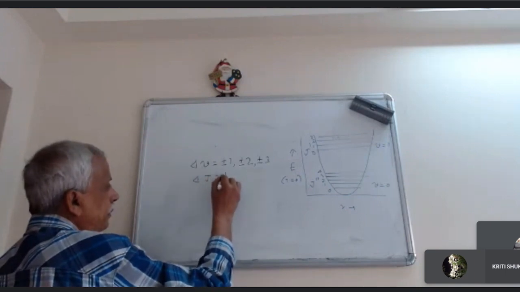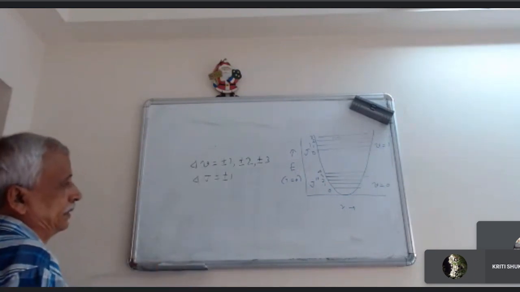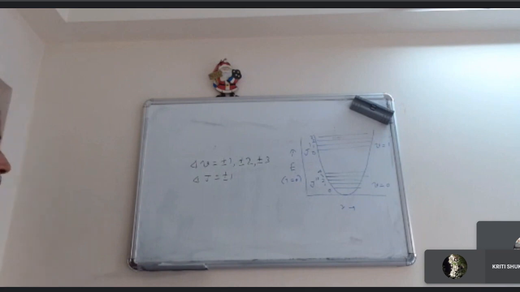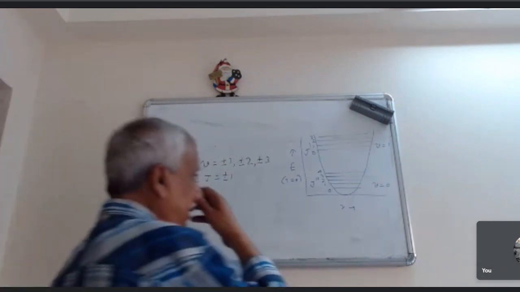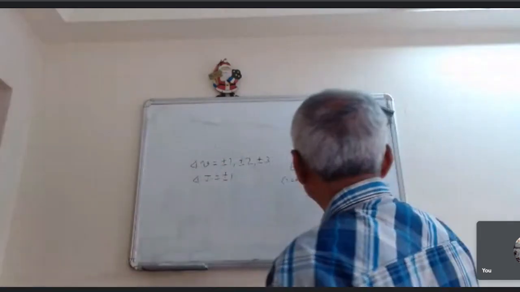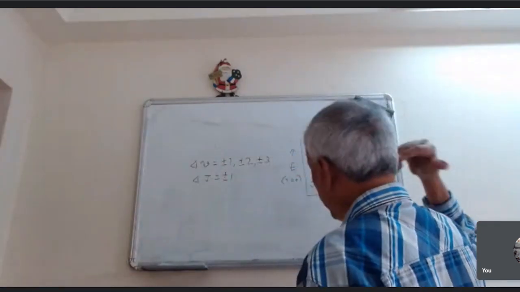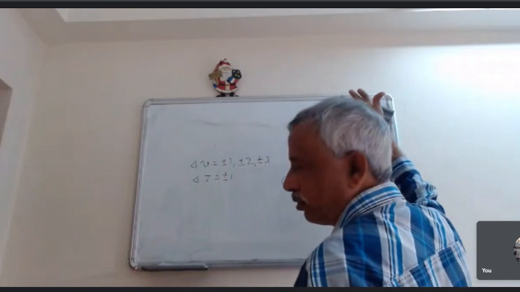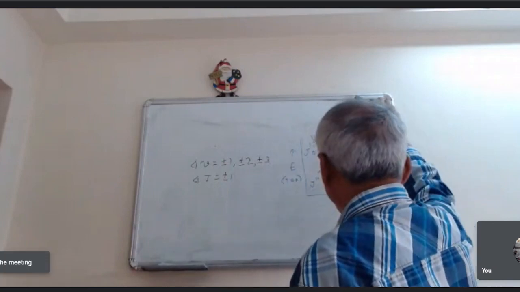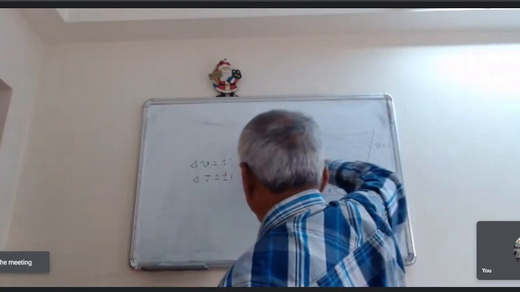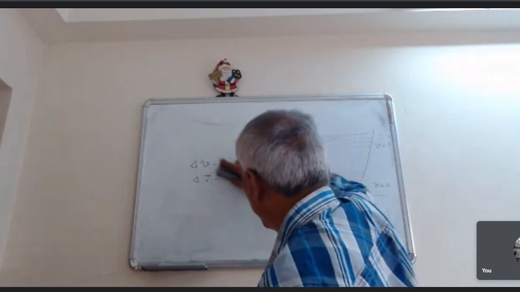Delta J should be plus minus 1. So that is the selection rule. If we talk about that selection rule, and let's say we are considering only 0 to 1, we can get 1 to 2 also or 0 to 2 also exactly in the same fashion.